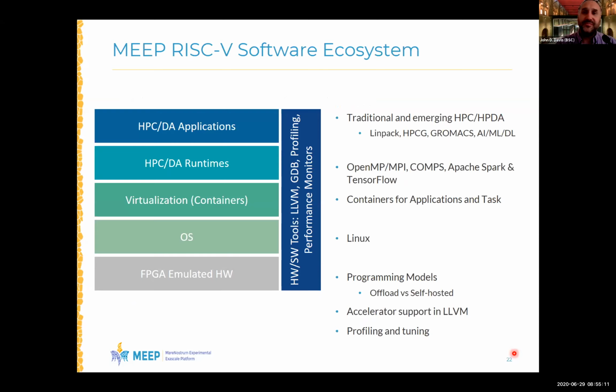So the programming models can be a traditional offload model like we see with GPUs, or moving into a self-hosted space. And of course, there's all the other infrastructure around that, the compilers, profiling, tuning, debuggers, all those things to make RISC-V more amenable in that context.